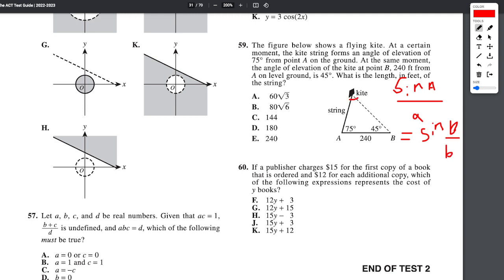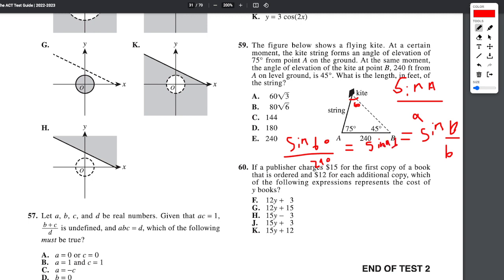This angle is what? 60 degrees. So we can say that sine 60 over 240 is equal to, and this is the 45, it's opposite of it, sine 45 over a string.